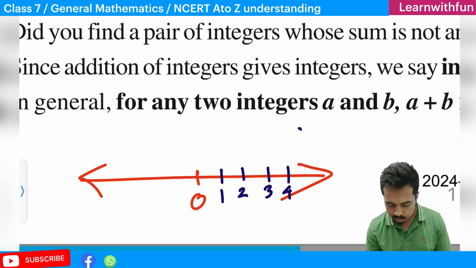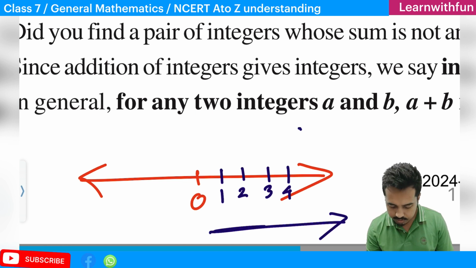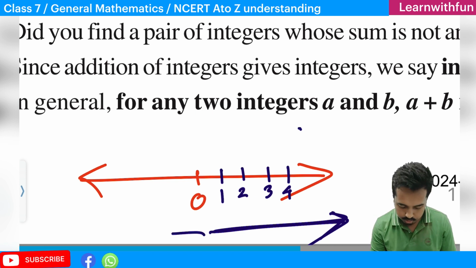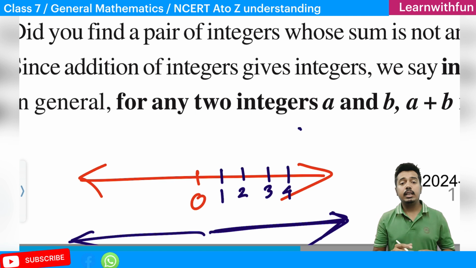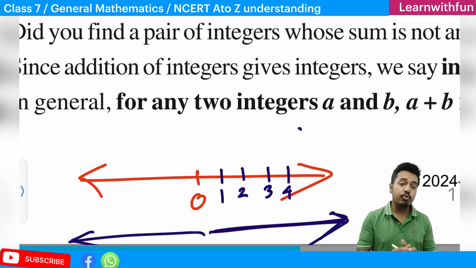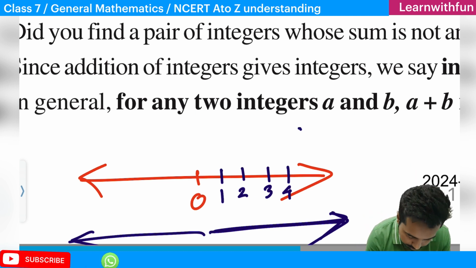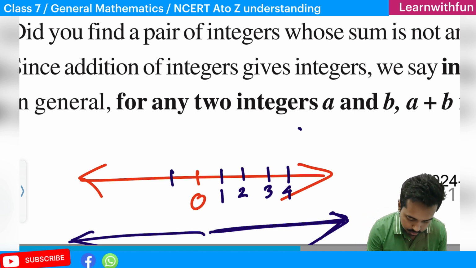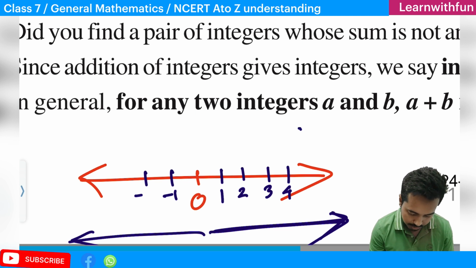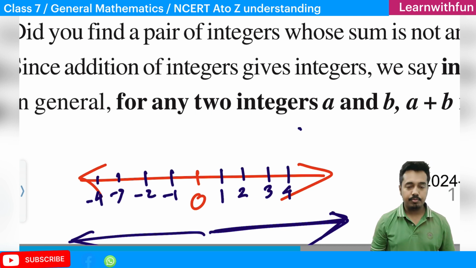We cannot find the end of this number line to the right and also to the left. Numbers are increasing when we move to the right, and the numbers are decreasing when we move to the left. So the number which is just left to 0 is -1, the number which is just left to -1 is -2, then -3, then -4, and so on.